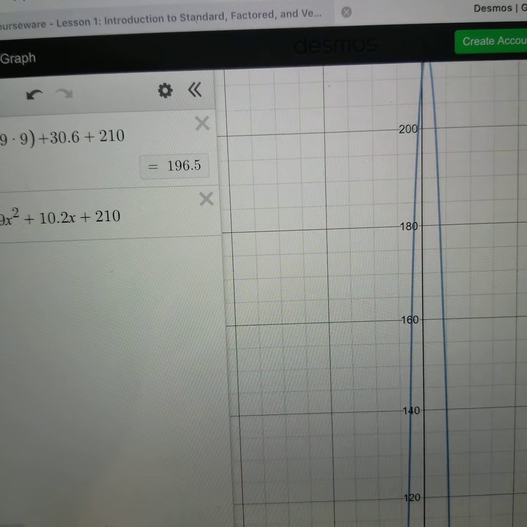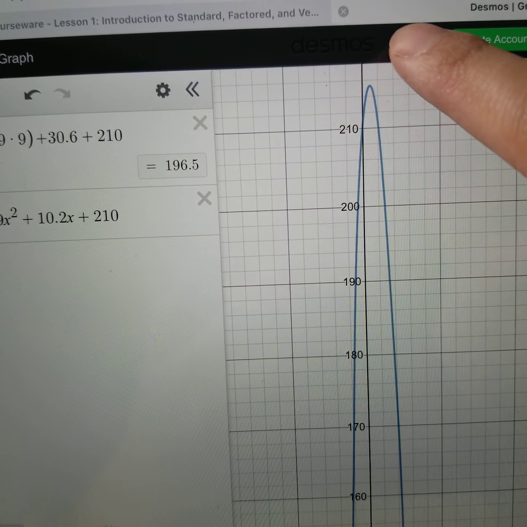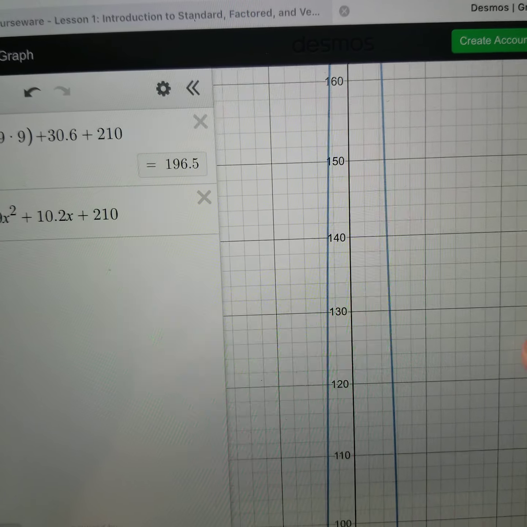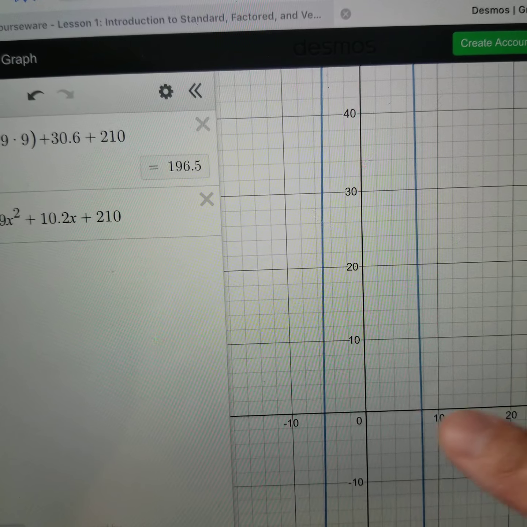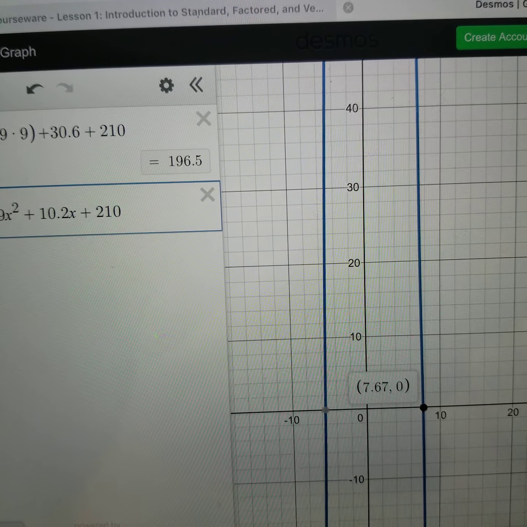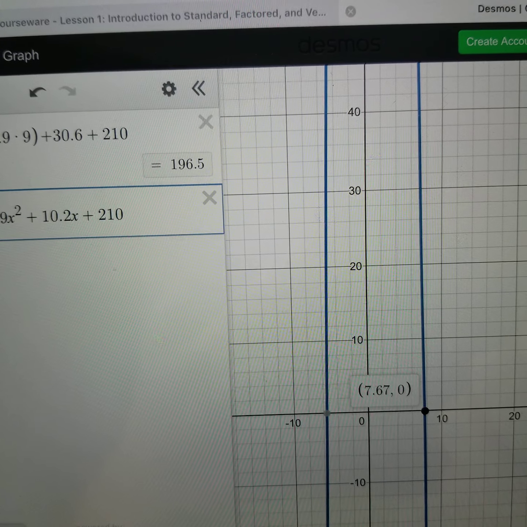And here, when the ball is going to get dropped on the ground, so here we have the ball that takes off and it's going to fall all the way down from the cliff. We would look at that x-intercept, which would be right here. So we would conclude that it's at 7.67 seconds when the rock hits the ground.